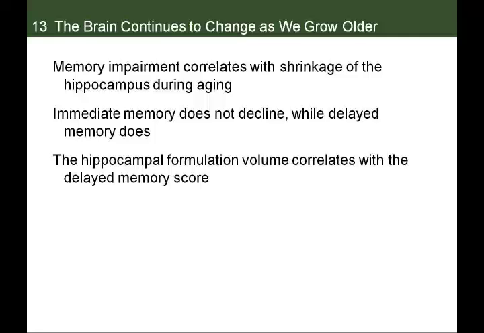We lose brain cells. That's normal. But if this shrinkage is a lot, and we lose a lot of neurons, that's not normal. That's called Alzheimer's disease. Also, we know that the hippocampal formation volume correlates positively with certain types of memories.